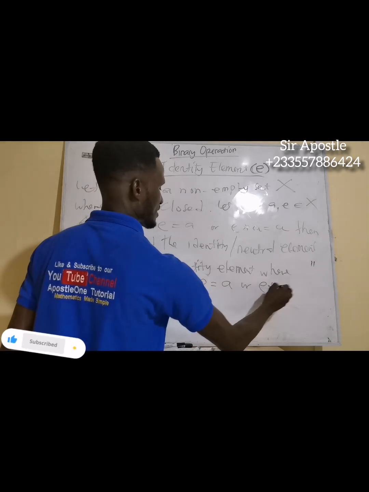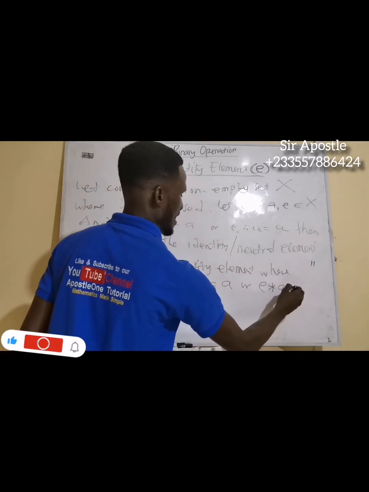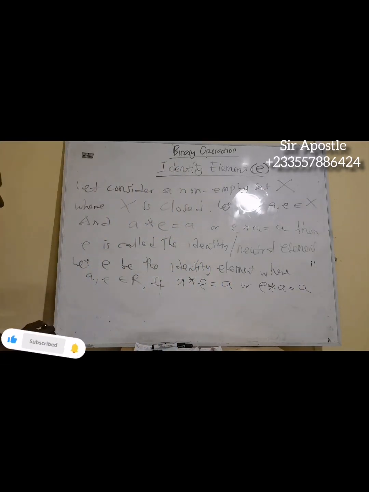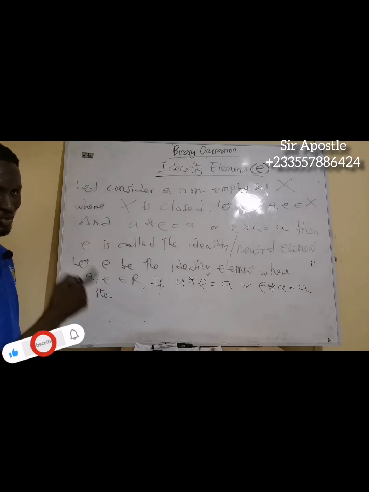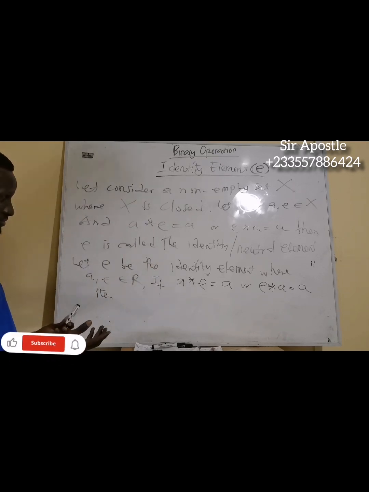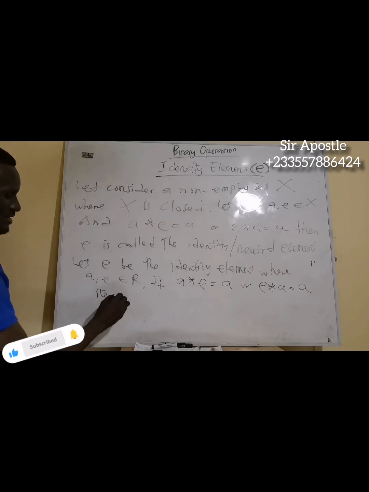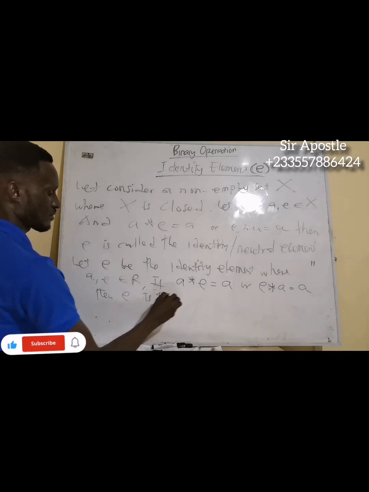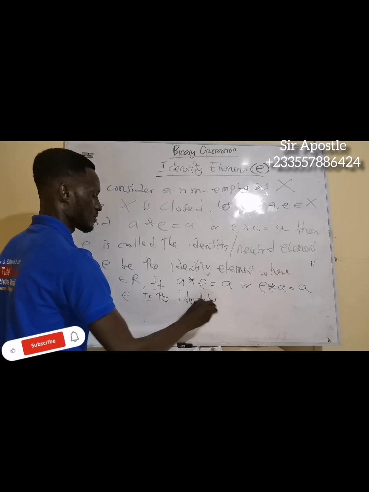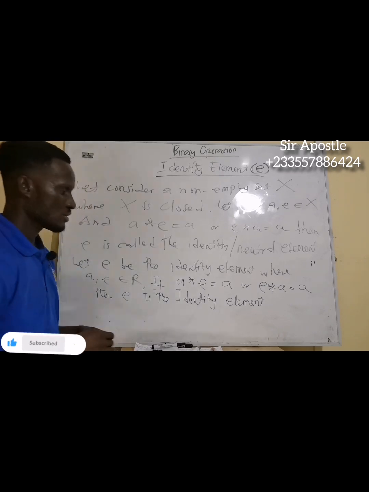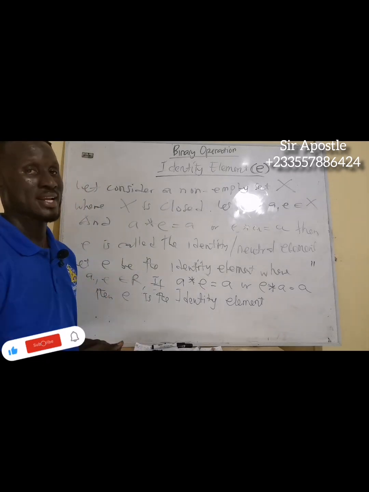or E operation A is also giving me the same A, then it shows that E is truly the identity element.